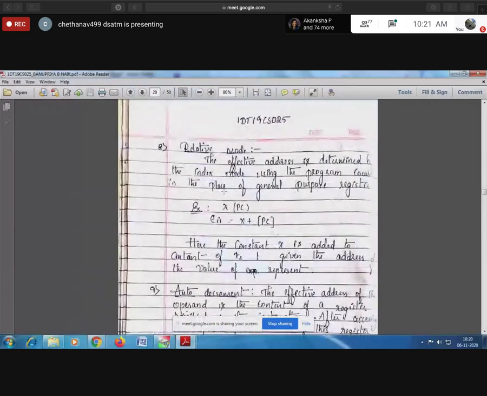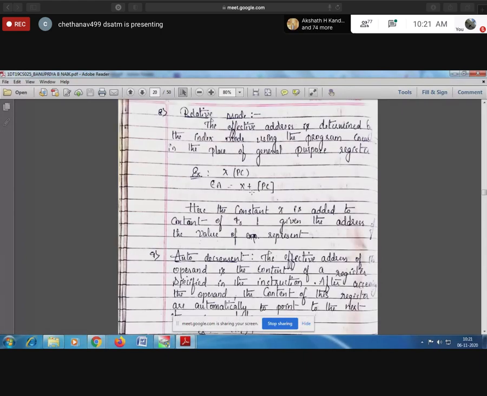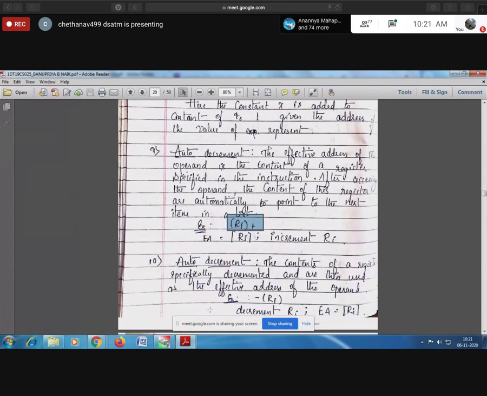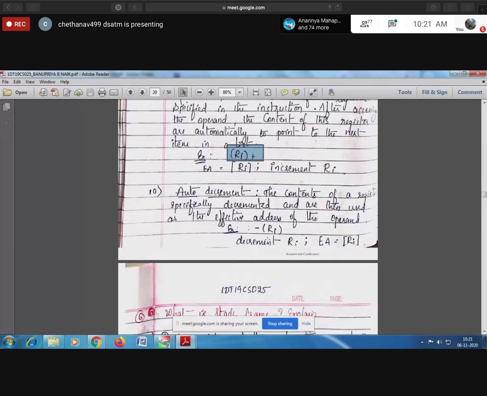And this is program relative address, which means program counter plus X gives you the relative address. Auto increment is nothing but what? Go to the location, access the data, and after you access the data, you increment it. That is auto increment, like a post increment. Auto decrement means before accessing the data, you first decrement the data available inside RI, then access it.